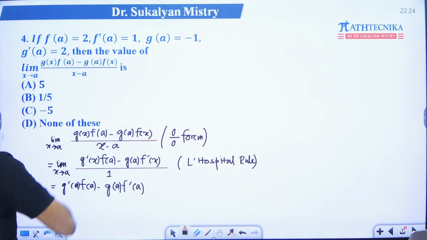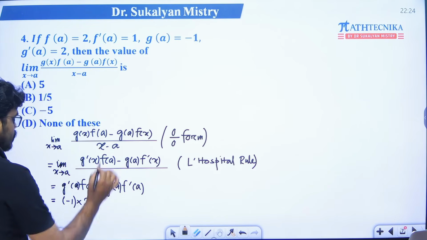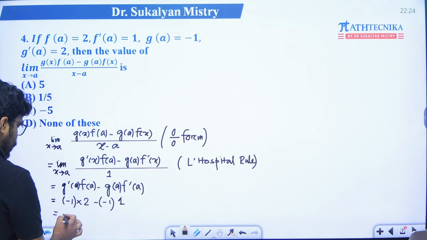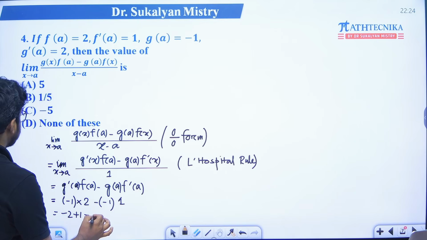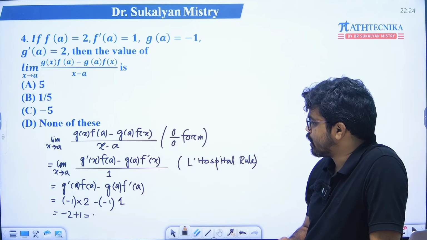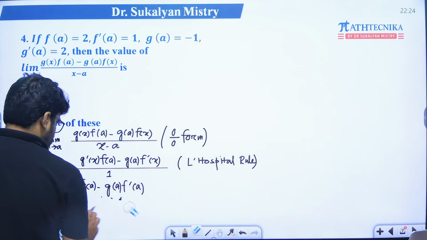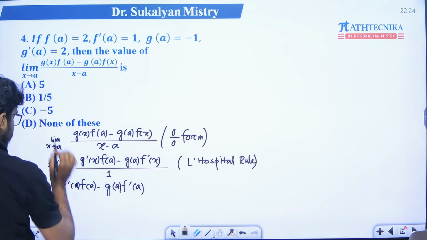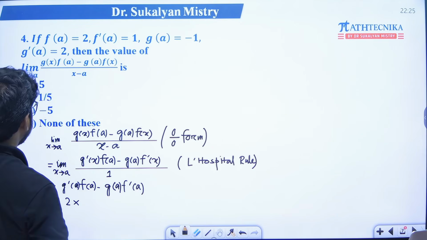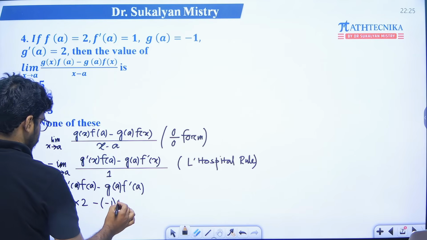What is g'(a)? It is 2. f(a) is 2. g(a) is minus 1, and f'(a) is 1.